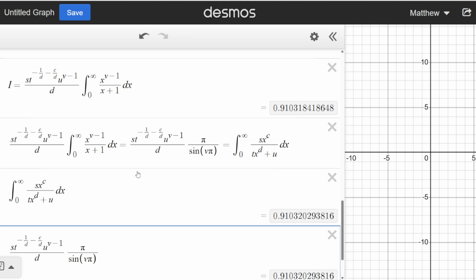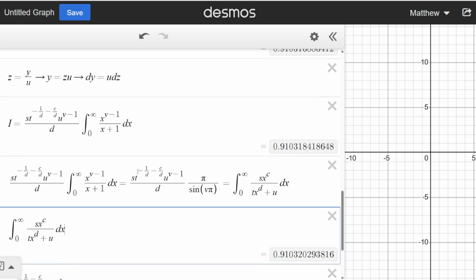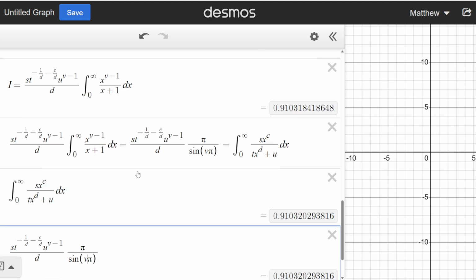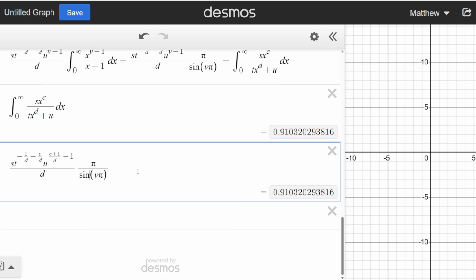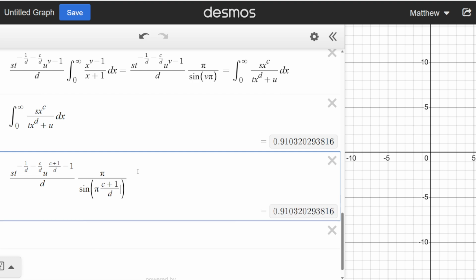Now we still need to clean up a little bit. We made a substitution. V was equal to something, or something was equal to V. So our V, don't forget, is just this. So let's put our V right here and right here. All right, and now let's do some cleanup.